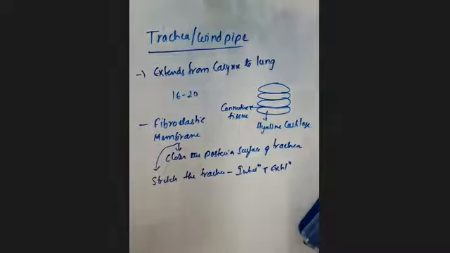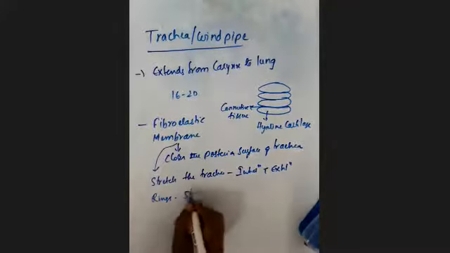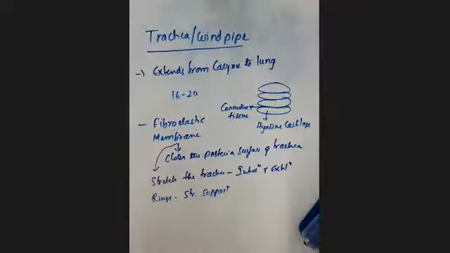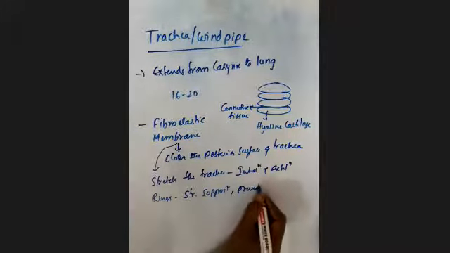And mainly the rings provide structural support and prevent collapse. As it is made up of 16 to 20 rings of hyaline cartilage, these rings provide the structural support and prevent the trachea from collapsing.